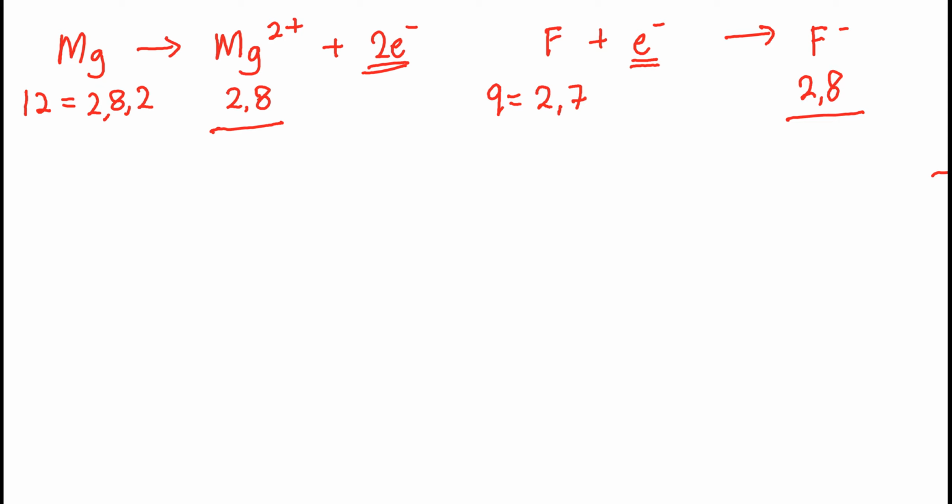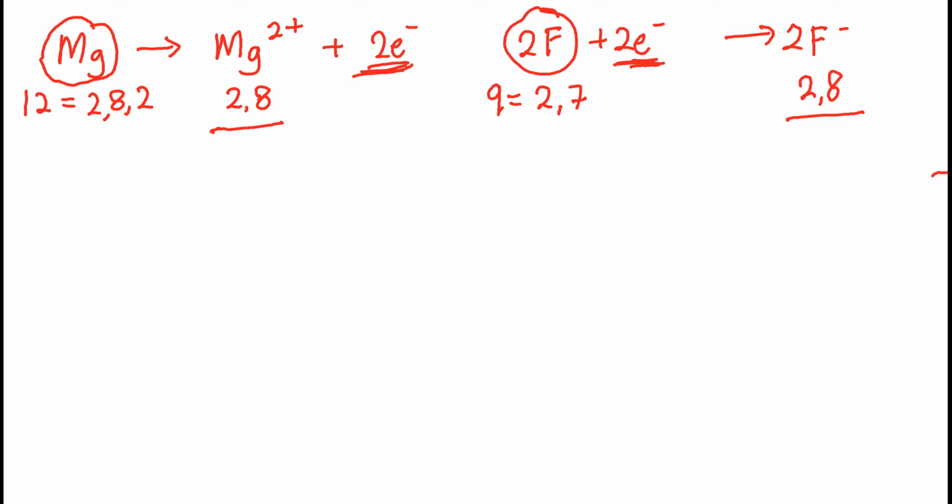To balance both sides, we need to multiply the second equation by 2 throughout. Now in doing so, we now have the magnesium side giving 2 electrons and the fluorine side receiving 2 electrons. The electrons are now balanced. And it's balanced because we are now having one magnesium atom giving electrons to 2 fluorine atoms.